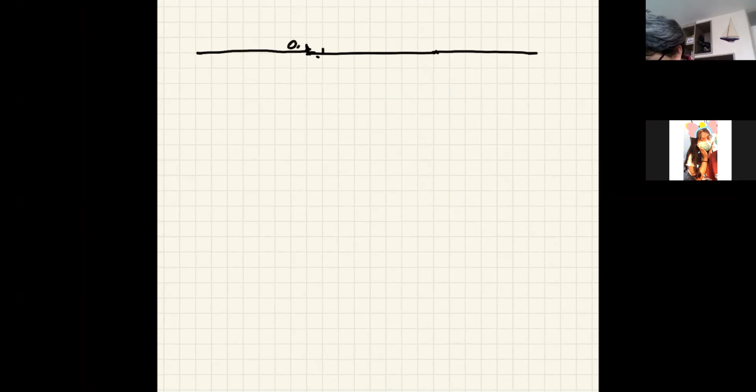Give me some more space. 0.48 and 0.52. Here is 0.44 and 0.56.